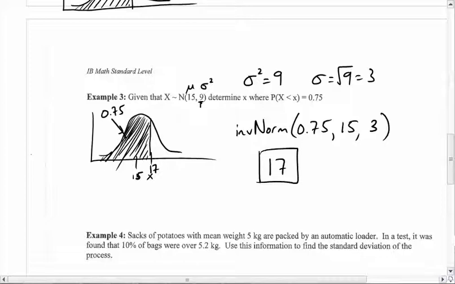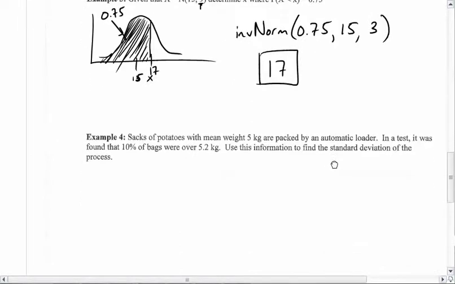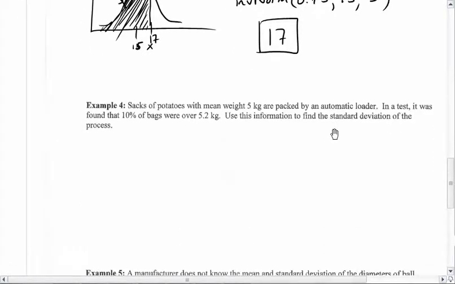Now, quite often on the IB exam, you're going to see questions where they don't give you the standard deviation or they don't give you the mean. You have to calculate those things, which is really difficult for using the inverse normal and the normal PDF and normal CDF functions, because all of those require that you input the mean or the standard deviation. So in example 4, we've got stacks of potatoes with a mean weight of 5 kilograms.